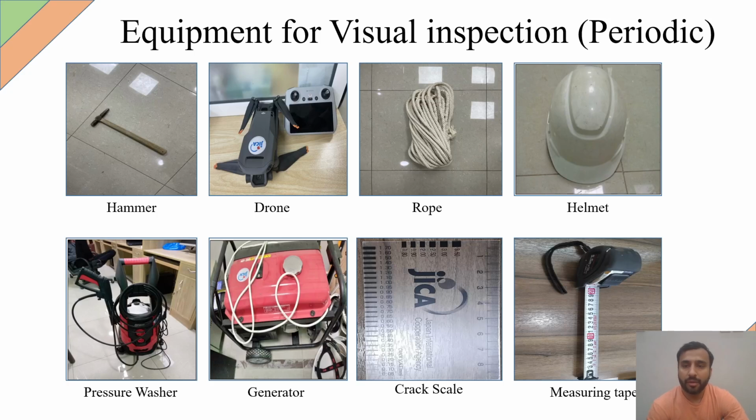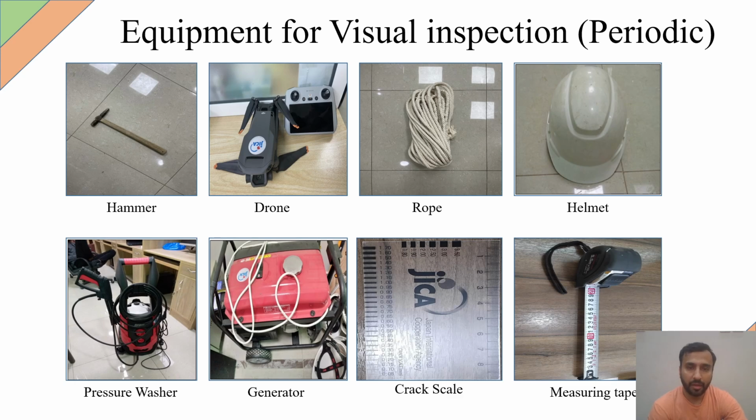This is more detail about the periodic inspection because I will be discussing the periodic inspection more, as the RAM is more concerned about such inspections for having the repair plans and prioritization at some periodic level.